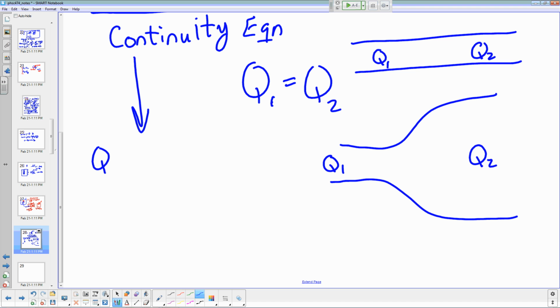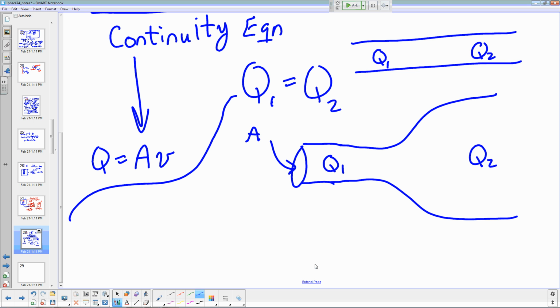And it says that the flow rate is equal to the area, the cross-sectional area, which is just the area of this circle, times the velocity. Okay, remember, and so then I can say that since Q1 is equal to Q2, I can say A1V1 equals A2V2. So if my area goes down, what's going to happen to my velocity?